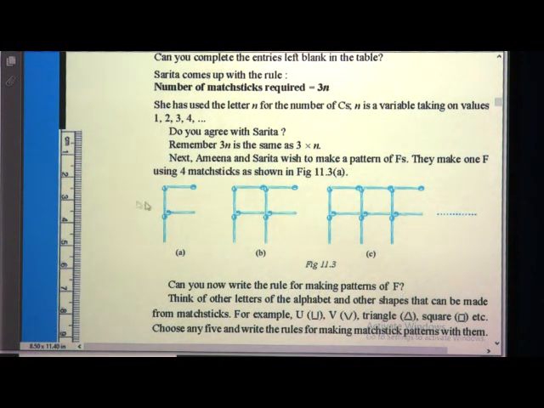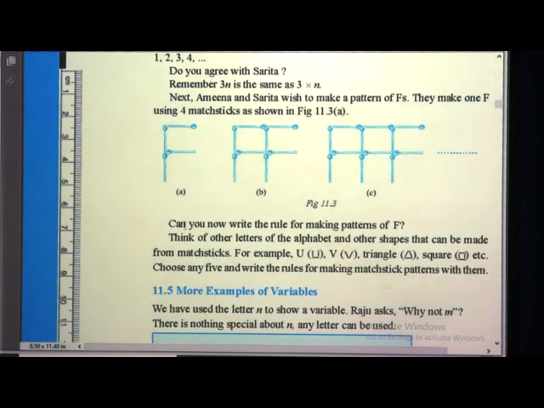Yes, very easily. So think of letters. What will be the rule of pattern here? n is equal to 1, n is equal to 2, n is equal to 3. And so how many matchsticks we require? 4. So 4n will be the pattern or the formula to be used, where n is the variable and it goes on changing and the variable will be 1, 2, 3, 4 and 5 will be continuing.